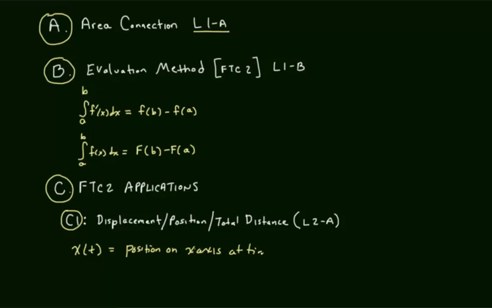at time t. Okay? Now you should know that the derivative of position, the rate of change in position with time, is the velocity, which we've discussed earlier in the course.